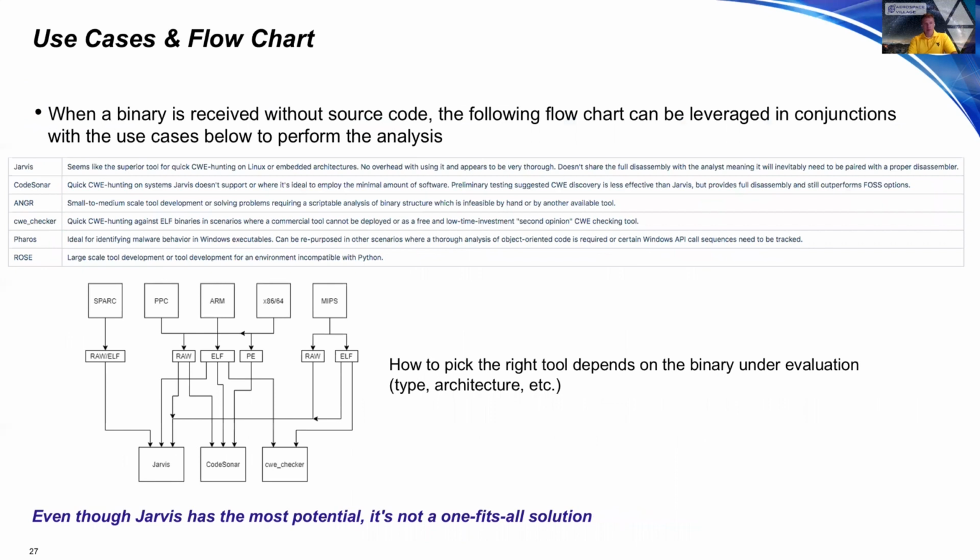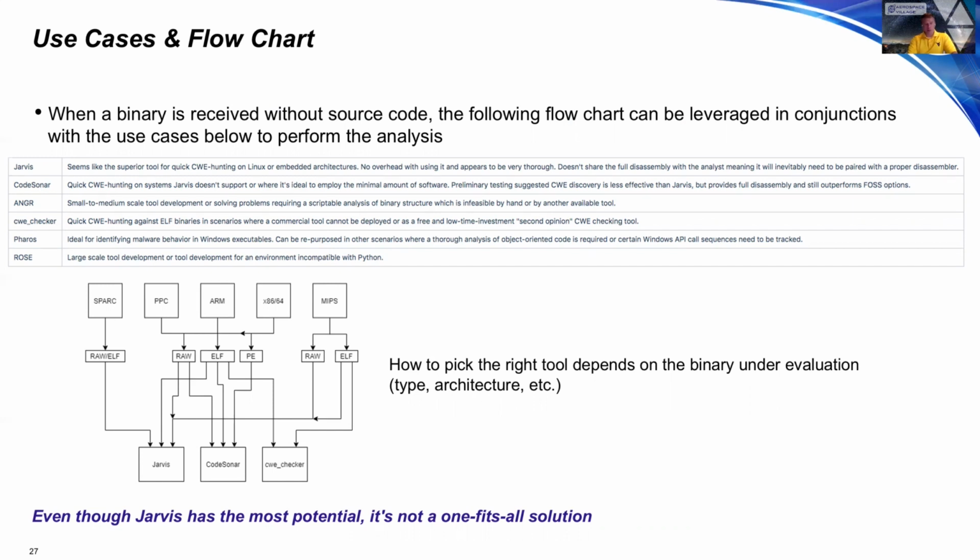So this chart was put together as a use case, depending on what architecture you're using and what type of binary you have. You could potentially leverage this flowchart to help pick the tool set. That's the idea, because if you were to come to me and say, not to say you would do this, but you had some sort of x86-64 binary on the Windows side, and you say, I don't have the source code and I want to analyze it for weaknesses, what would I suggest?